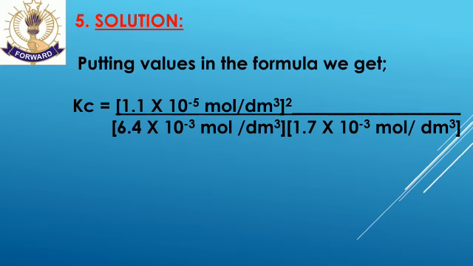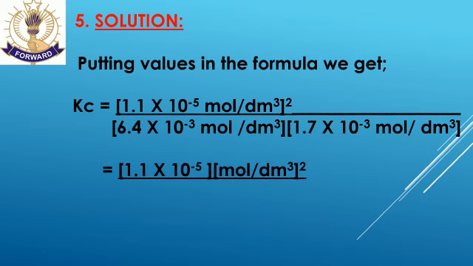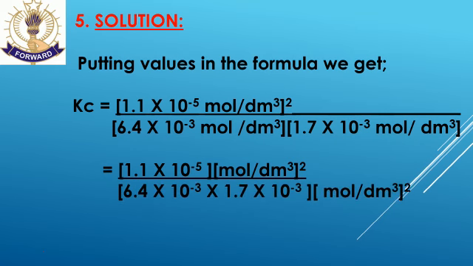Dear student, in order to simplify it, we can simply separate the number and the units. You can clearly see that mole per decimeter cube whole square in the numerator will get cancelled with the mole per decimeter cube in the denominator, and now we can easily multiply and divide the numbers.